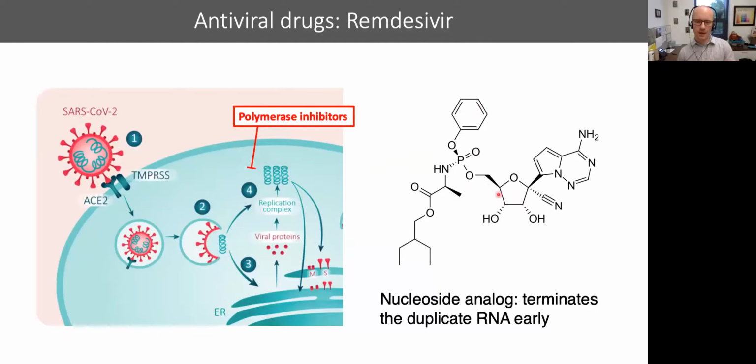But the extra chemistry, so here's my chemistry, the extra chemistry of this carbon-nitrogen triple bond actually prevents the addition of subsequent nucleotides, which basically means that the RNA polymerase stops early. It doesn't replicate the full genome. And because you only have partial genomes, not all of the information for the virus particle is there, and replication is inhibited.